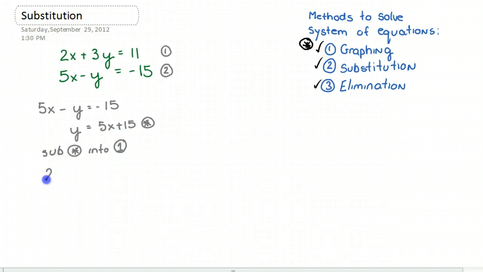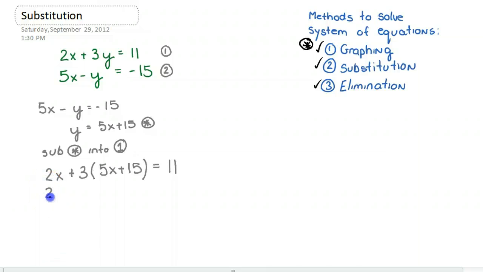And what I'm going to get is 2x plus 3, and don't forget the brackets here, 5x plus 15. This is where students often make a mistake. The mistake is they'll forget that the 3 applies to both terms that are being substituted in.